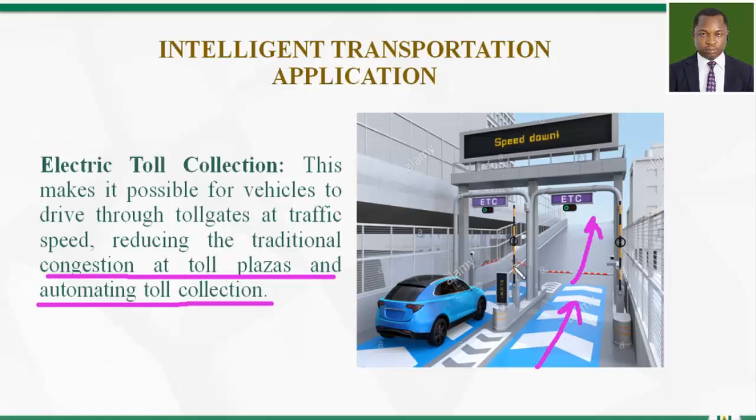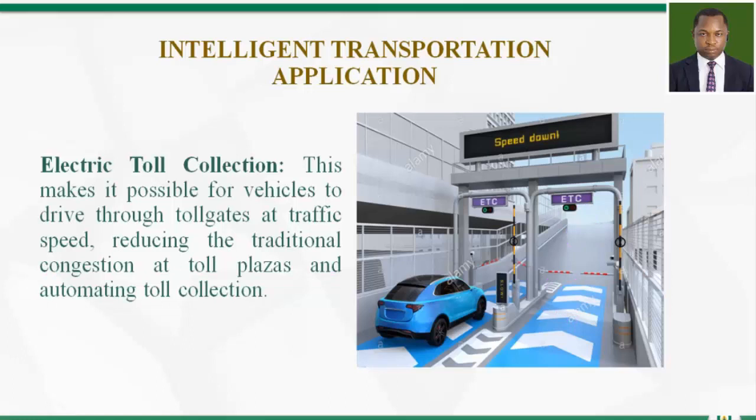Remember, the conventional way of manually operating the toll gate usually causes that congestion that we see. But using the electronic toll collection, everything is seamless. It's self-serving, so you simply make your payment and move on without any delay.